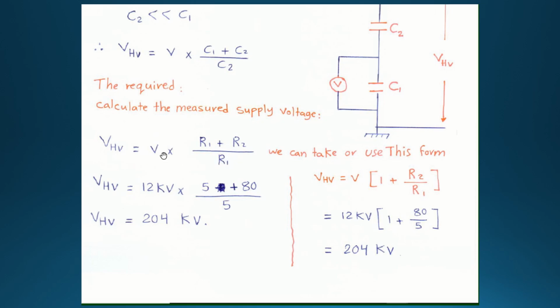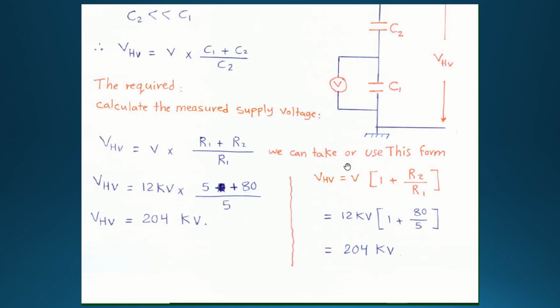V is given in the question as 12 kilovolt, R1 is given as 5, and R2 is given as 80. If you use your calculator, you will get the high voltage equal to 204 kilovolt.